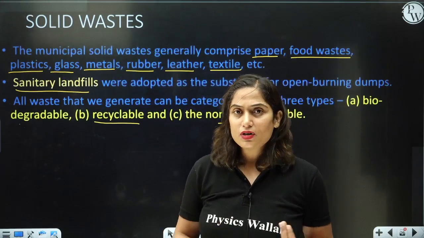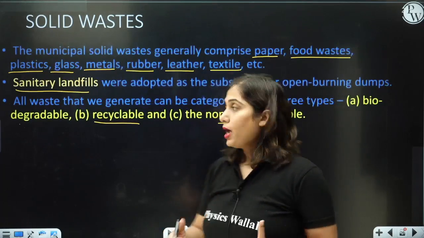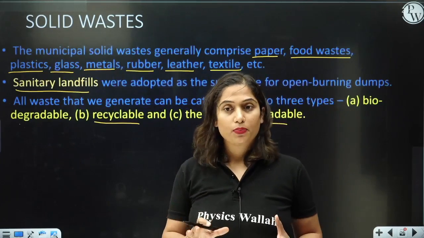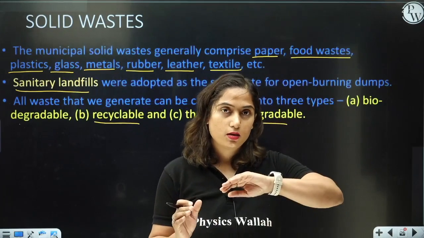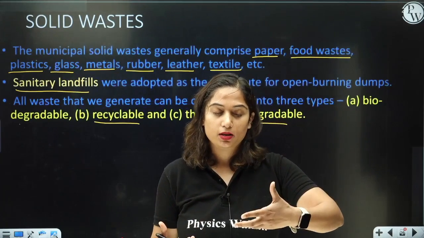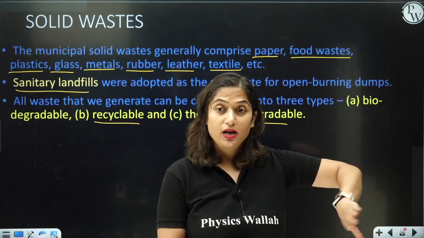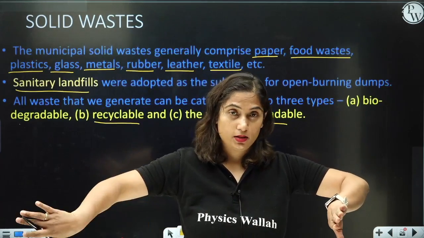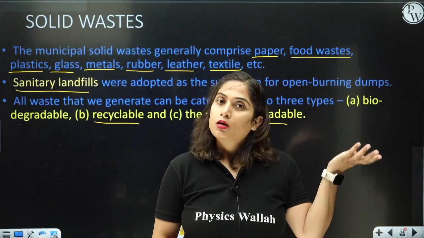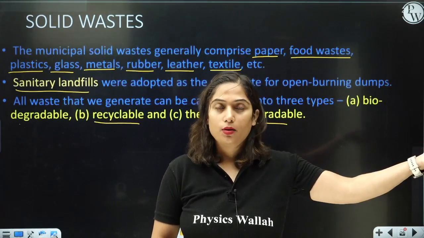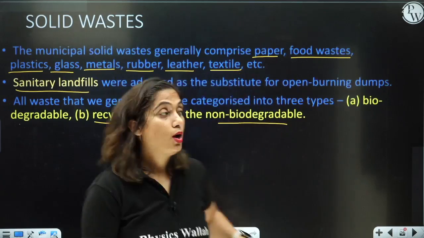So there are several methods to control them. How can we help in controlling biodegradable waste? By separating the biodegradable waste from other waste, and this waste can be dealt with by bacteria and fungi.